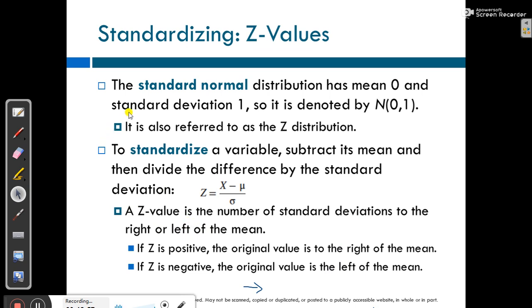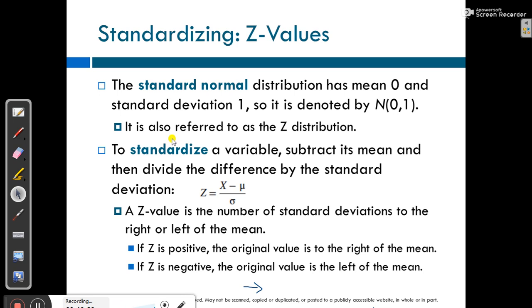Next is standardizing. The standard normal distribution has mean 0 and standard deviation 1, and it is denoted by N(0,1).